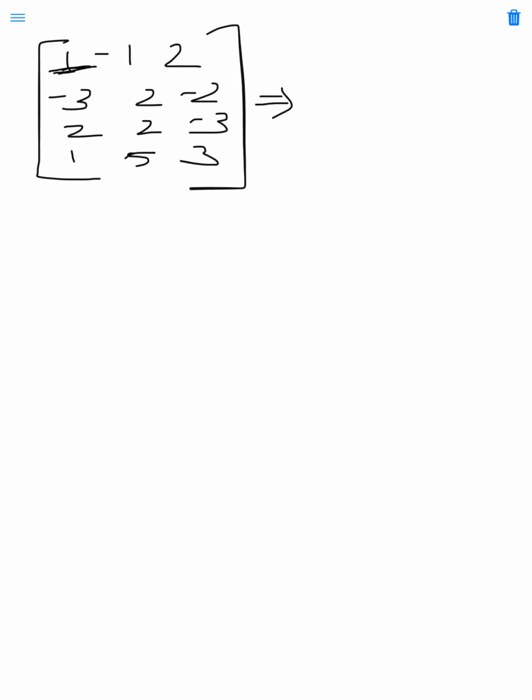So in order to make this value 0, you need to perform the operation R2 equal to 3R1 plus R2.